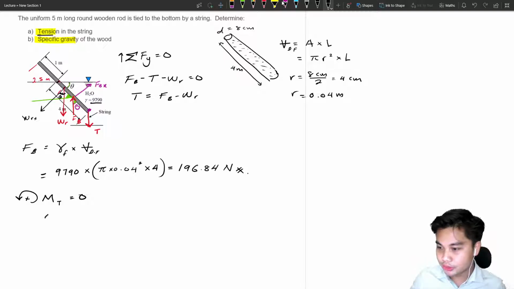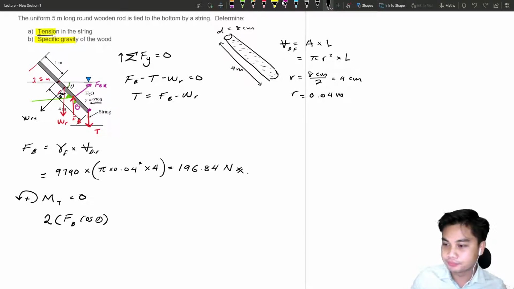It is 2 meters multiplied with FB, and in order to get this X direction, cos with angle theta. And then for here, we have one more, which is WRX, which from here to here is 2.5.